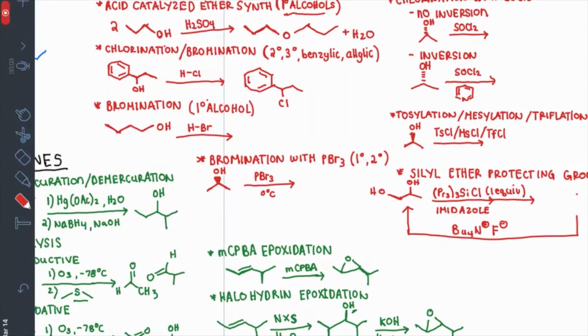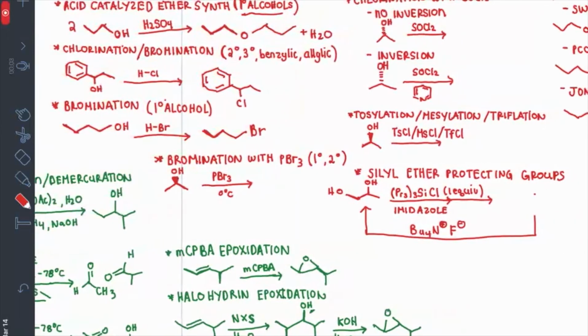We can also do bromination on primary alcohols, but not chlorination, because remember, chlorine isn't a good enough nucleophile to go through this reaction. Therefore, with primary alcohols, you can only brominate with a strong acid.